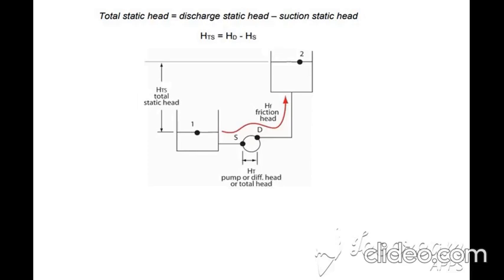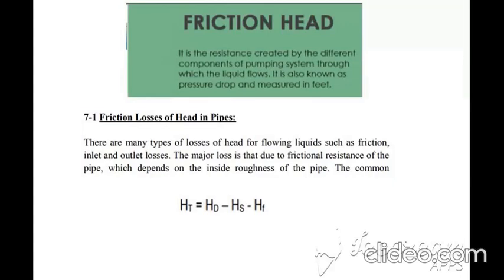All the path from source to receiver will produce friction, and all that friction is termed as friction head. You have a concept about friction. According to the definition, it is the resistance created by the different components of the pumping system through which the liquid flows, and the main source of that friction will be the inside roughness of the pipe and different components used in the pumping system.